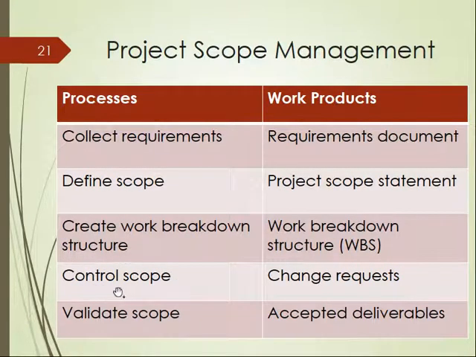So there may be changes, and for the changes to be approved, they have to be first submitted as a change request. After approval, you authorize the change, and then the product requirements should be updated to reflect your changes.